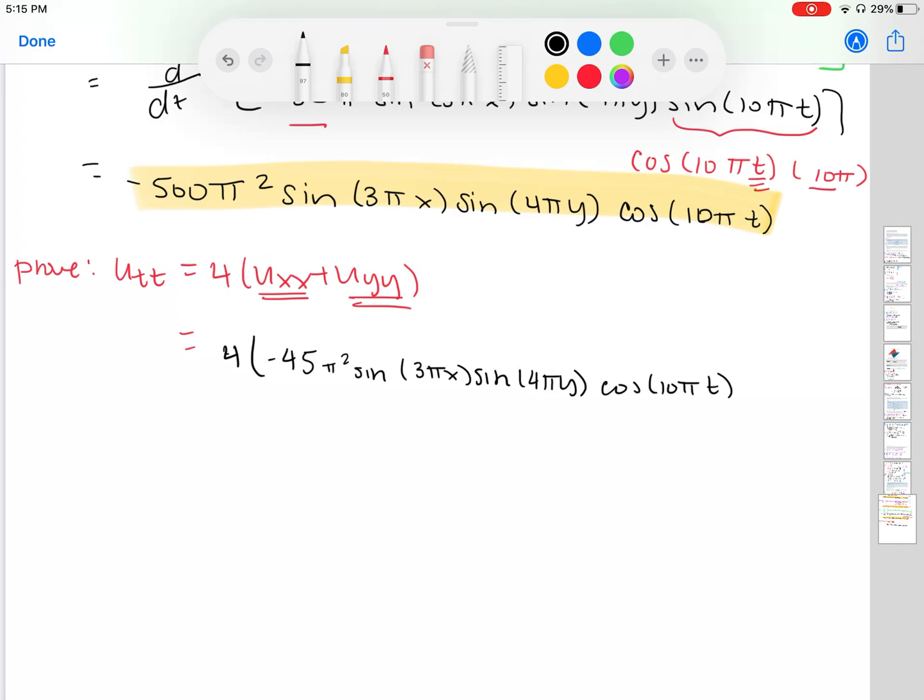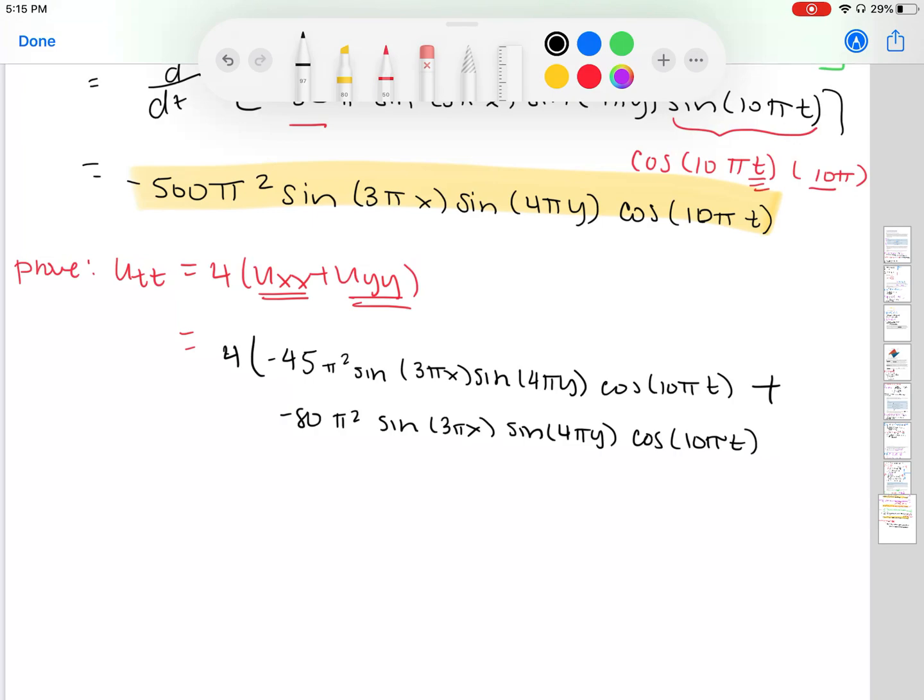That's the first one, x. And then we're adding our double derivative for y. So plus negative 80 pi squared of sine of 3 pi x sine of 4 pi y cosine of 10 pi t.